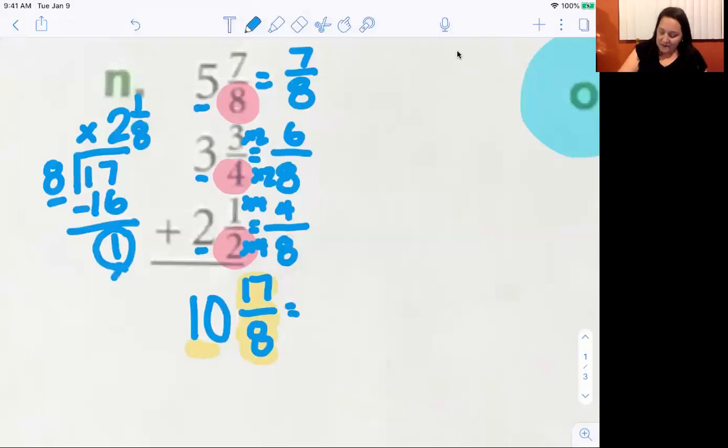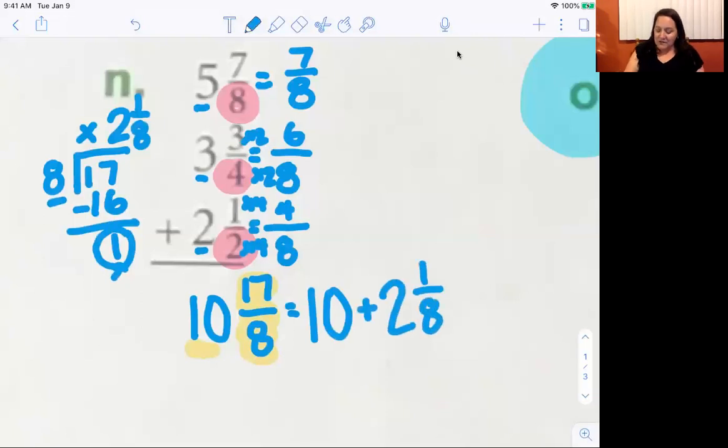So this equals 10 plus 2 and 1/8. If we wanted to convert this mentally, we could ask ourselves, how many times does 8 go into 17 without going over? 2 times. 2 times 8 is 16. 17 minus 16 is 1. So 2 and 1/8.